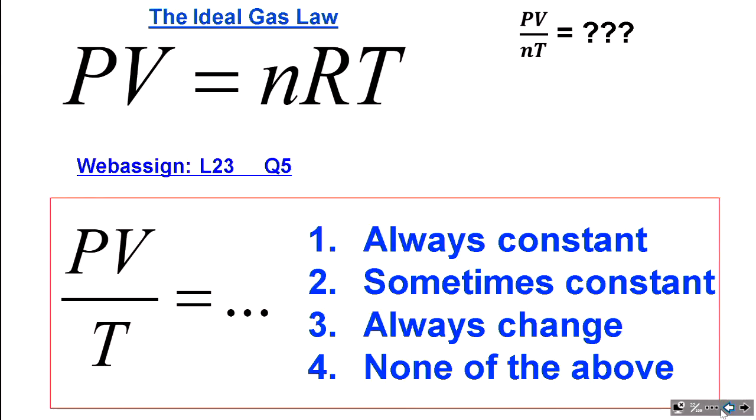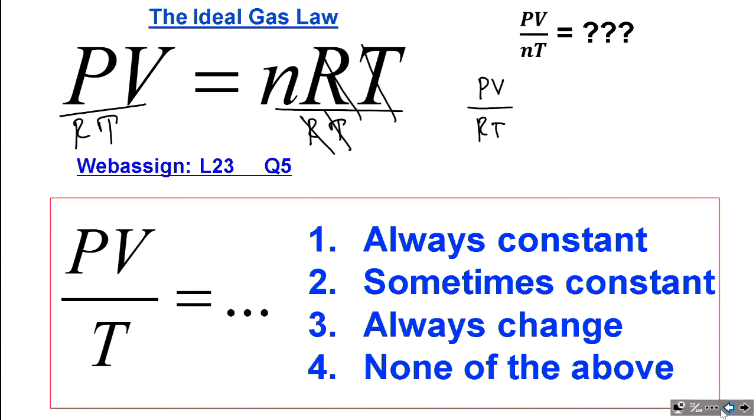And for example, if I calculate this ratio, all I have to do is divide both sides of the gas law by the constant and temperature. Constant and temperature get canceled.